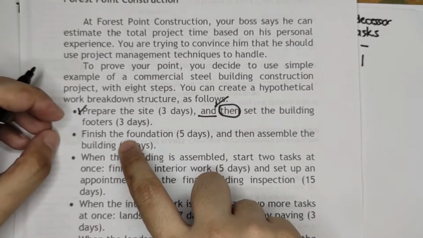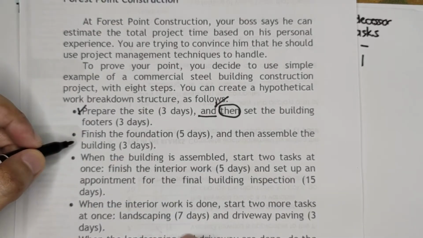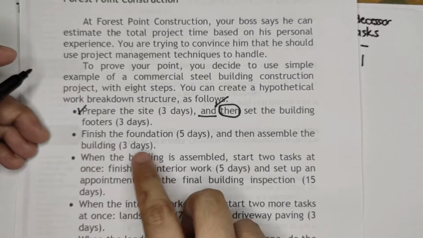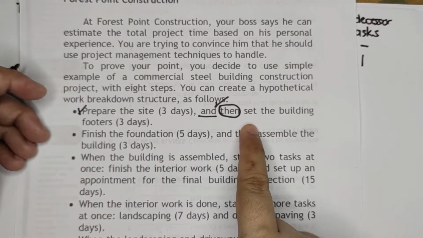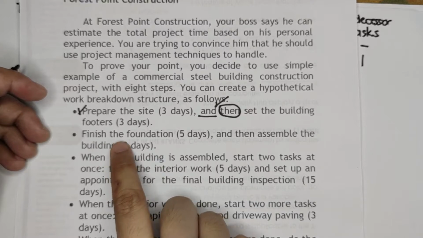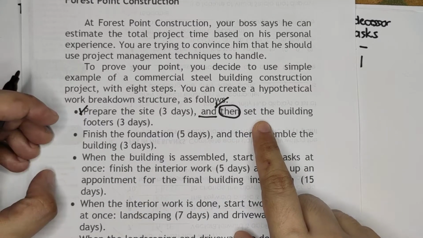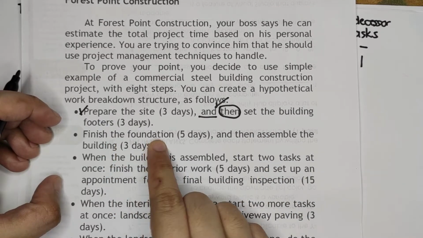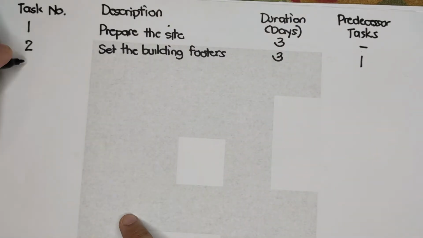With regards to finish the foundation, there are no keywords like then or and. But if you analyze the scenario, prepare the site, and then set the building footers, you can only do the foundation if you already set the building footers. So the predecessor task for finish the foundation would be set the building footers. So that will be task number 3.